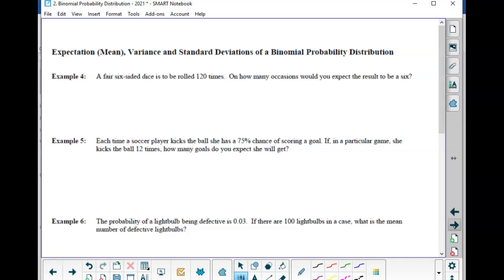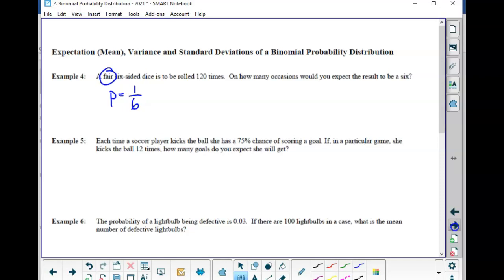So a fair 6-sided dice is to be rolled 120 times. I think dice is plural. Die. On how many occasions would you expect the result to be a 6? So you want to know the probability of rolling a 6. If it's a fair die, it would be 1/6.